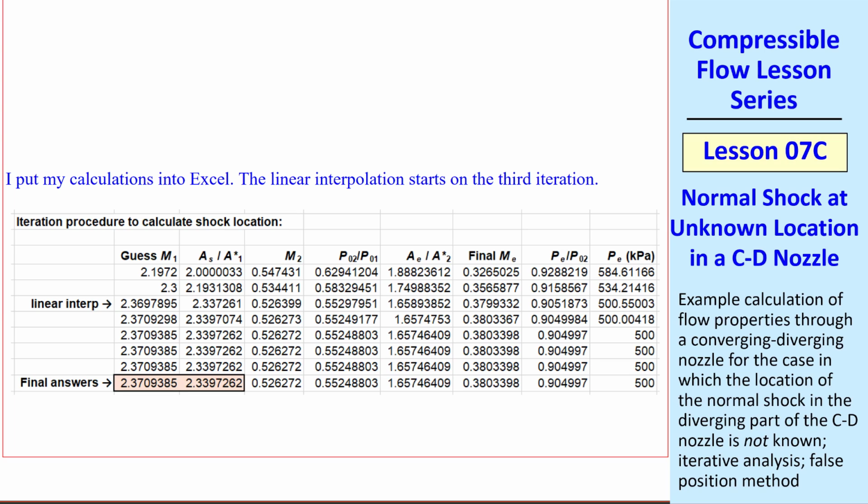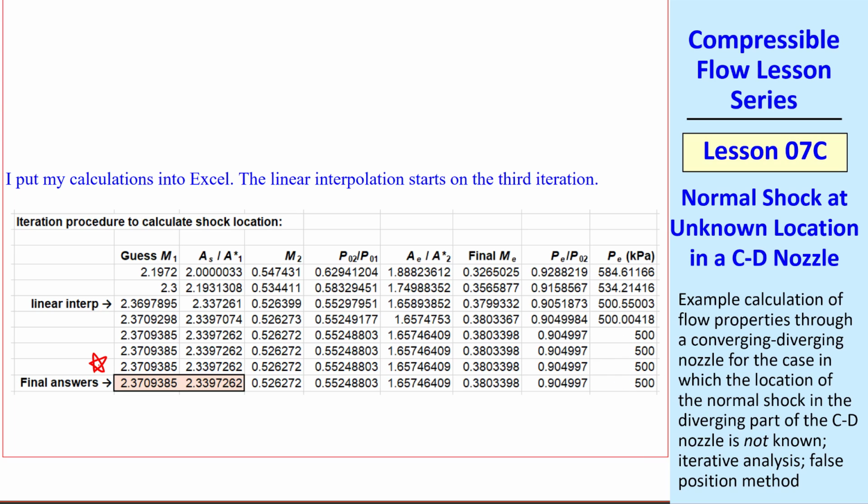So this false position method works even by extrapolation, since our final answer is not in between these first two guesses, as long as they're not too far off. Here's my third guess by linear interpolation, my fourth guess, etc. And you could see that we've converged quite rapidly, in fact to machine accuracy in Excel. By our fifth guess here, we've achieved convergence.